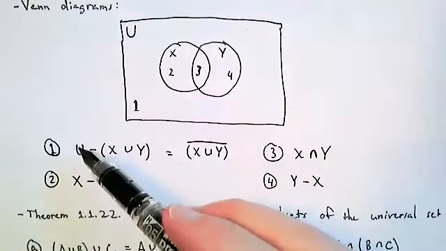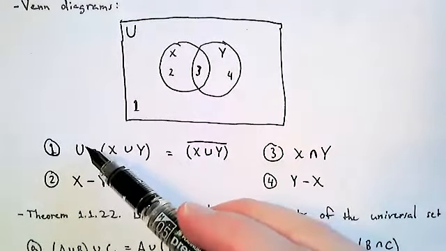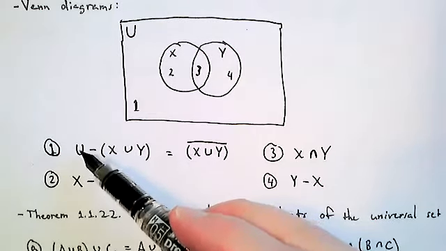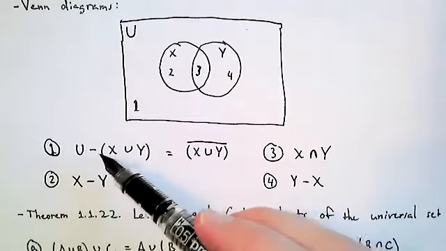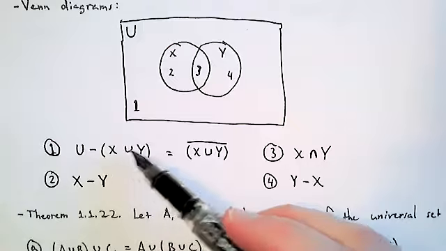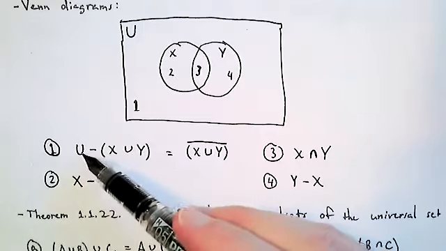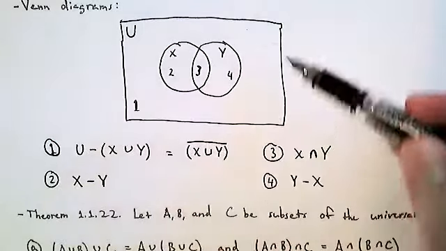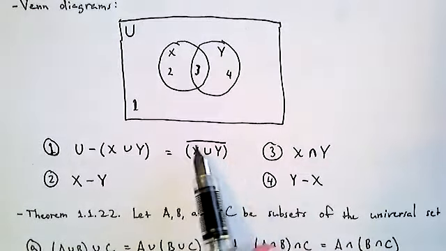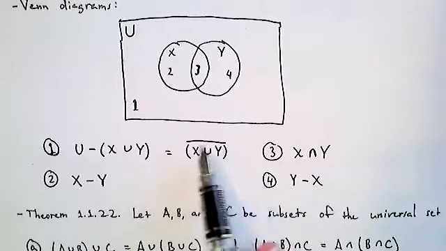So I took the universal set and then I subtracted off both x and y. So I take the union of those two and subtract from the universal set. And our notation using the complement bar is like this. So you take the union and put a bar on top.